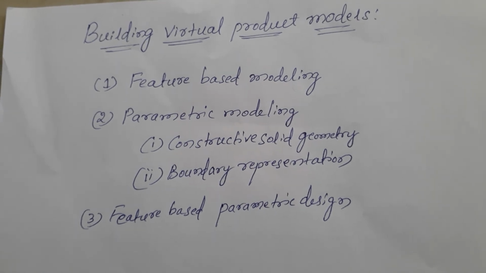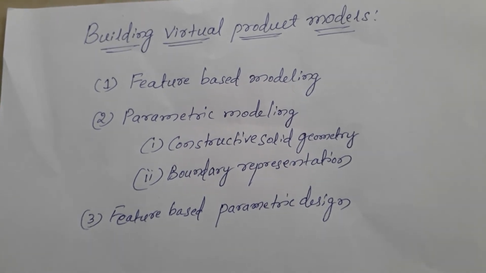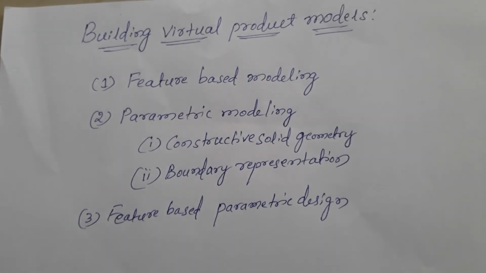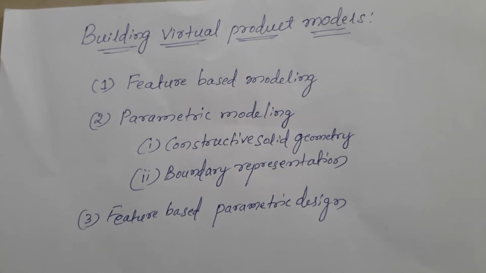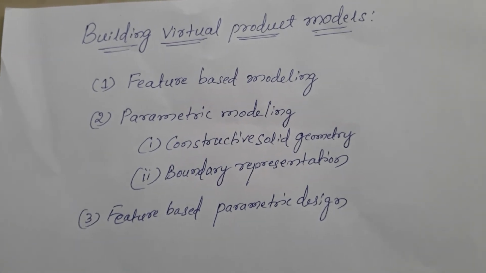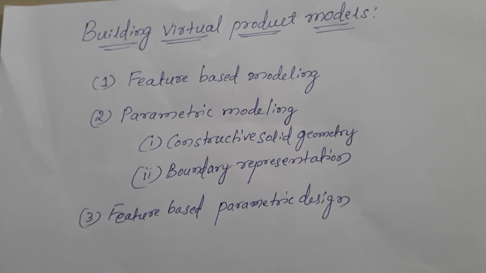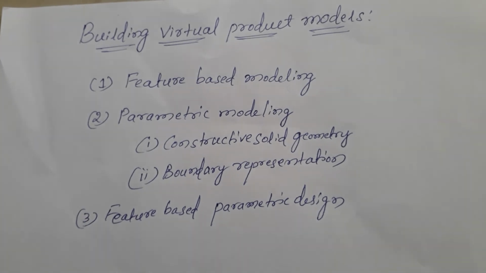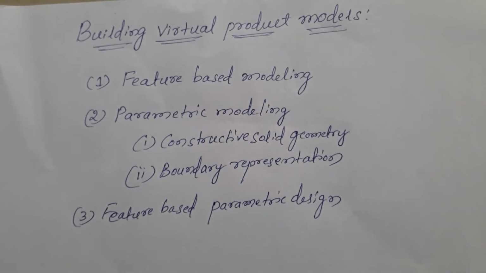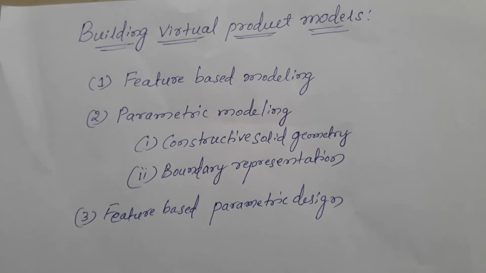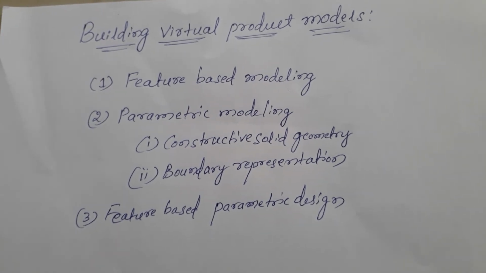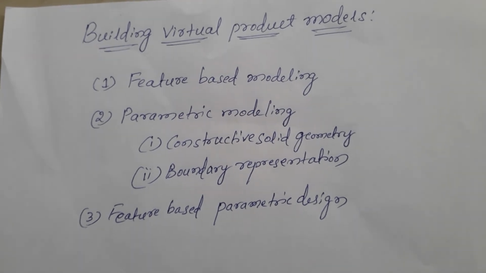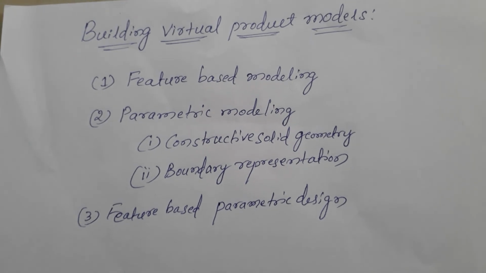For example, this technique combines basic solid objects like rectangular prism, cylinder, cone, sphere, etc. In this we are manipulating or simplifying, adding something or deleting something in order to produce the final shape of the model by using Boolean operations. Next is boundary representation.